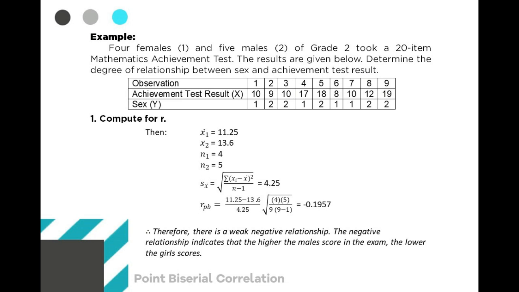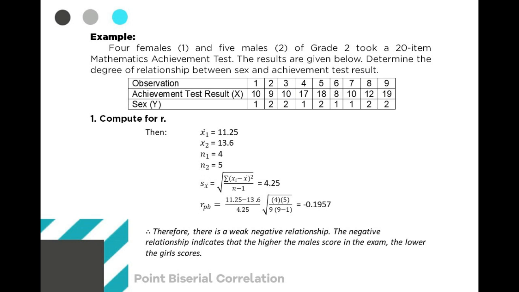Then we have the mean of x, where we have yung y natin, which is equal to 2 or labeled as 2. Sometimes they don't use 1, 2. Sometimes they use 0, 2. So it does not matter. Basta malinaw sa atin kung ano doon yung 1 natin, ano yung 0 natin. Okay, so we have 9 plus 10 plus 18 plus 12 plus 19.